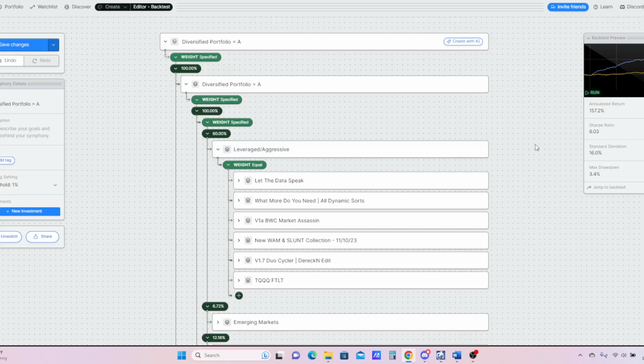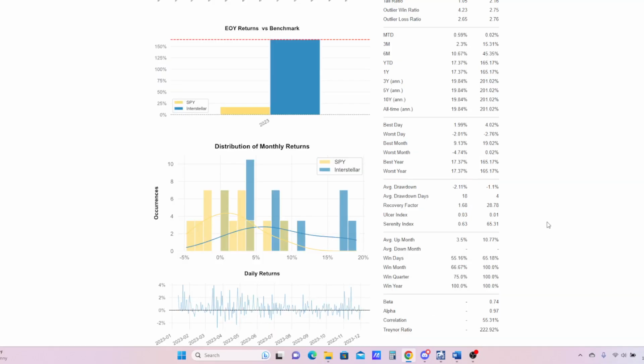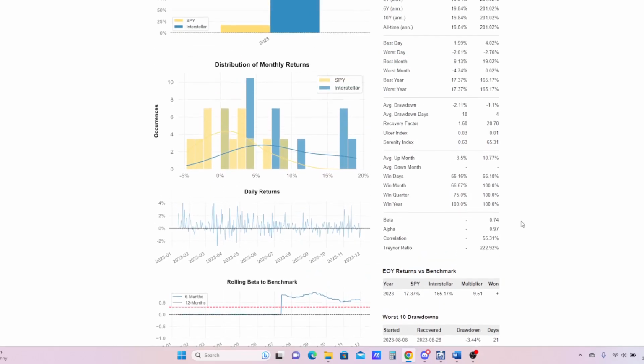But it's just going to vary year to year, because even if you take the S&P 500, the average return for the S&P is like maybe 11 or 12%. But if you look at 2, 3, 4, 5 years in a row, it'll do 20%. You know what I mean?